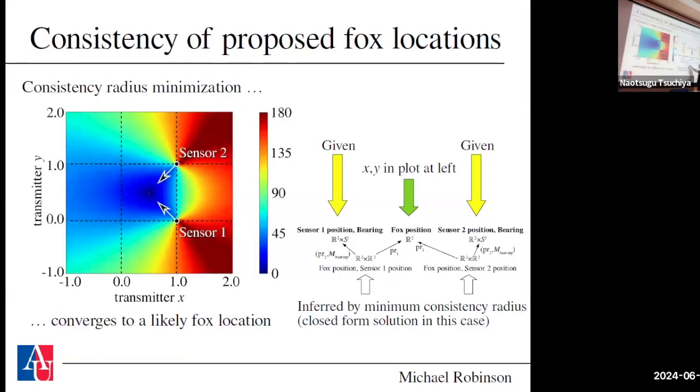Let's try it out, just intersecting sight lines for a moment. So if I place a sensor here and another sensor there, and they receive values that I'm showing by the arrows, so those are the angles they're receiving, and I say, what are all the possible consistency radii I would get if I put the fox at each of these X and Y values, you will notice, hey, we get a consistency radius of 0 right smack dab in the middle, the intersection of the sight lines.